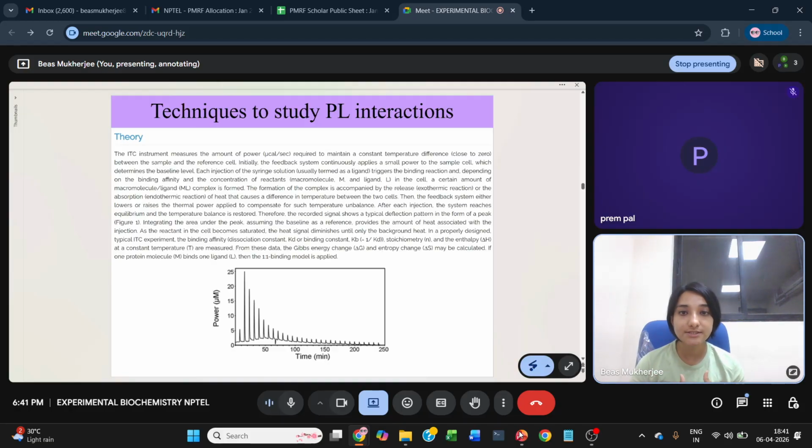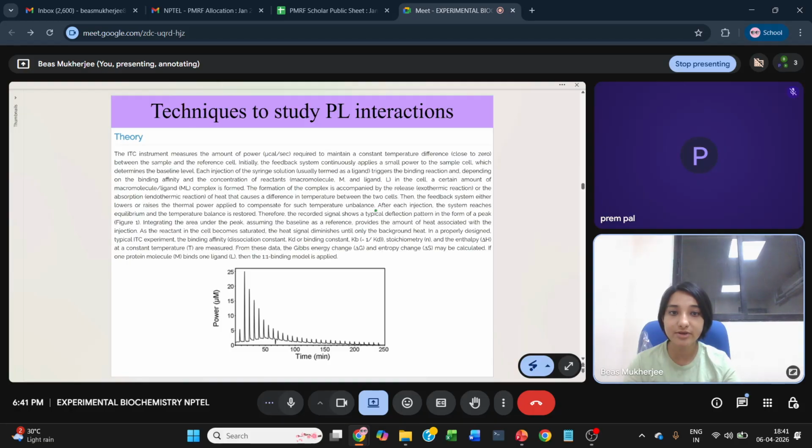Now what happens is the feedback system either lowers or raises the thermal power applied to compensate for such temperature imbalance. Then after each injection, the system reaches equilibrium and the temperature balance is restored.